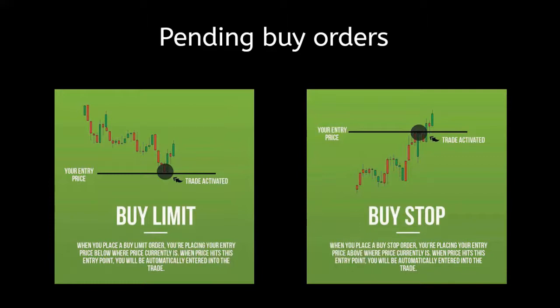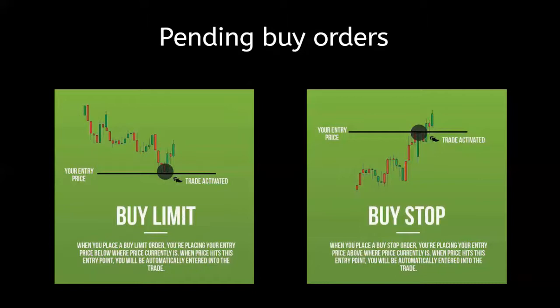So when you place a buy limit order, your entry is basically below the price. It's below where the price currently is. So when price hits your pending buy order, your buy limit, you will be automatically entered into a buy.